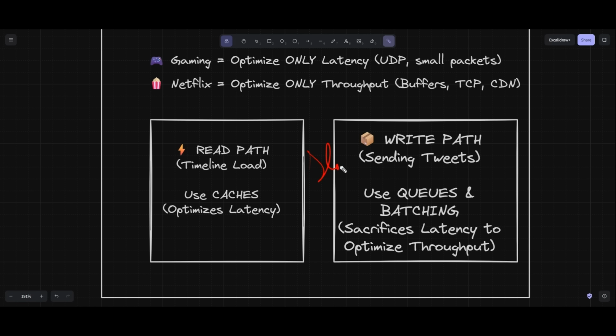Is the individual request taking too long? Or is our overall capacity maxing out and we're dropping requests? Because the tools you pull out of your toolbox to fix it are entirely different. Throughput: buy more boxes, parallelize, batch. Latency: use better algorithms, move data closer, cache, index.